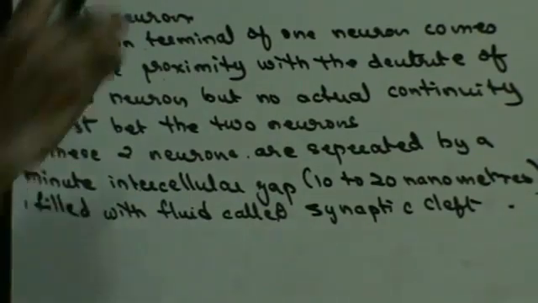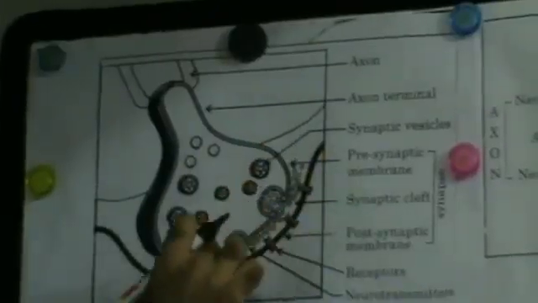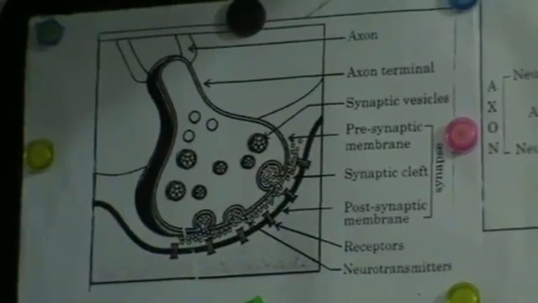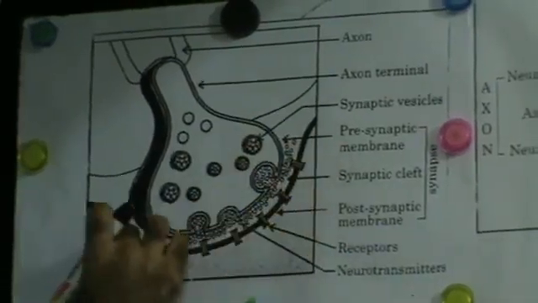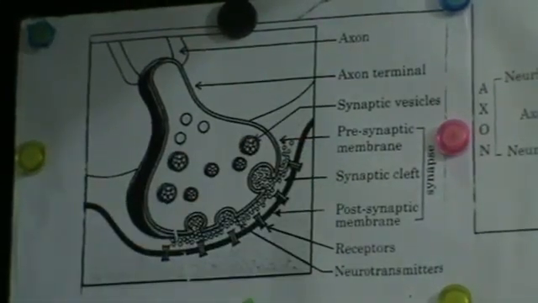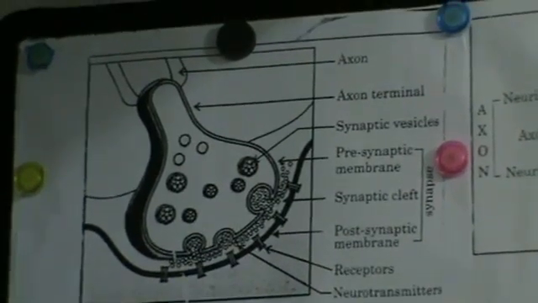Can you just see the diagram, guys? This is the gap between the two neurons, and this is the fluid that is filled in that minute gap between the two neurons. Fine, do we get this clear?